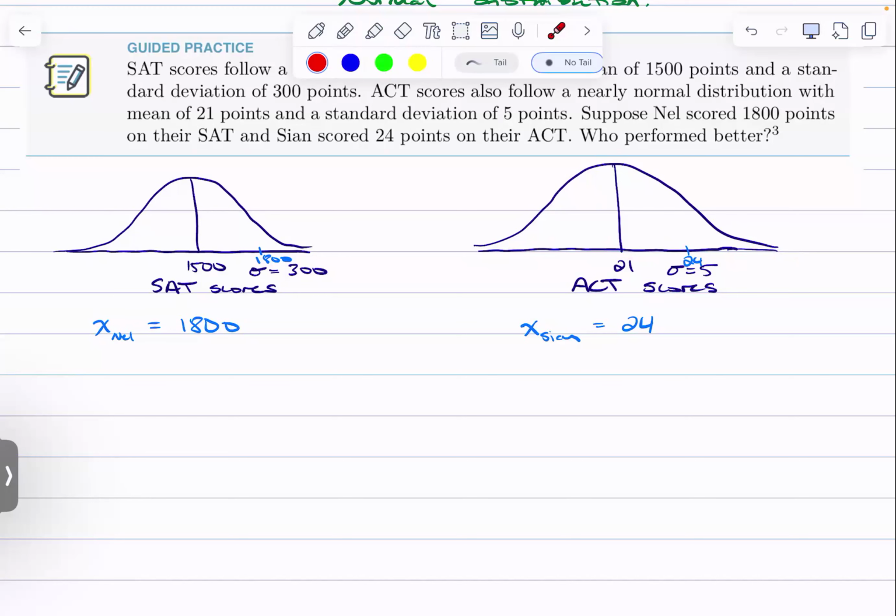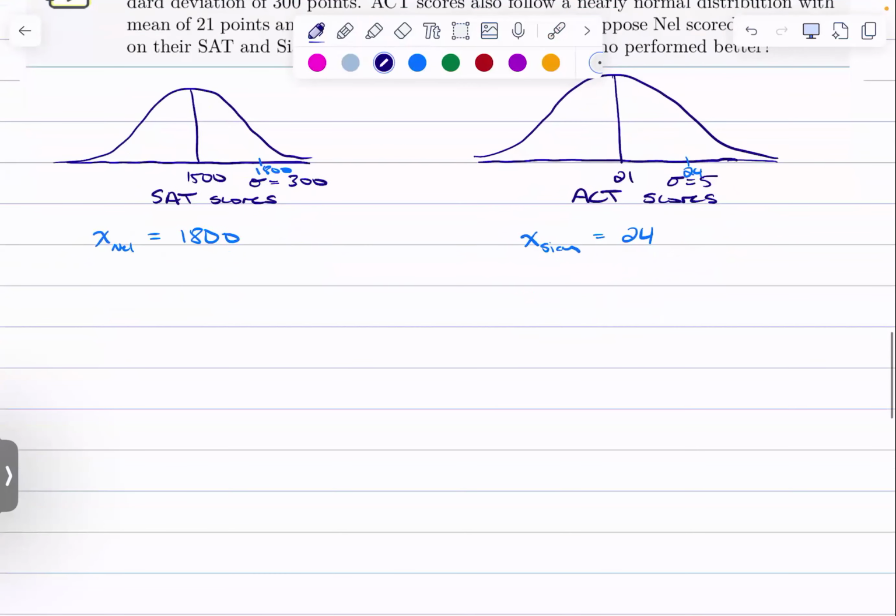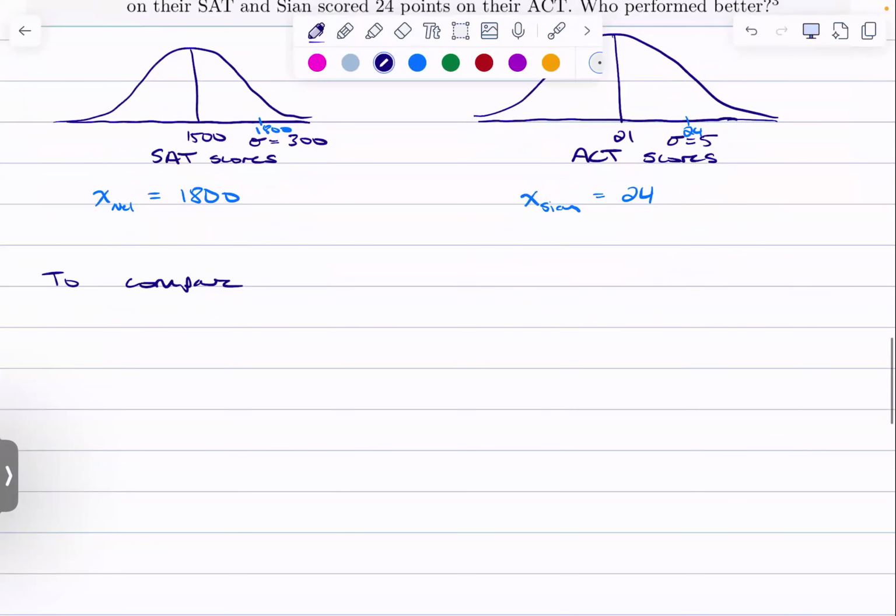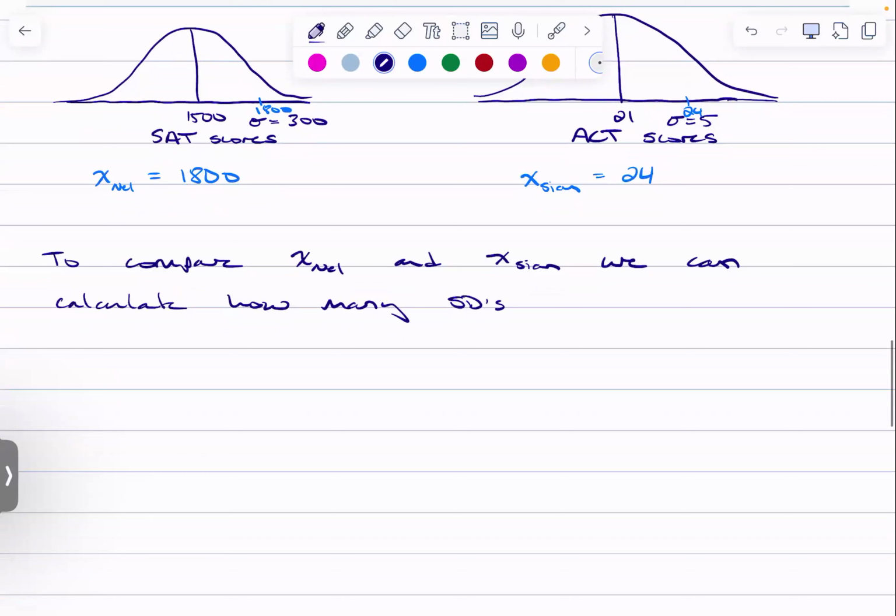And so to compare X now and X Cyan, we can calculate how many standard deviations from the mean they scored.